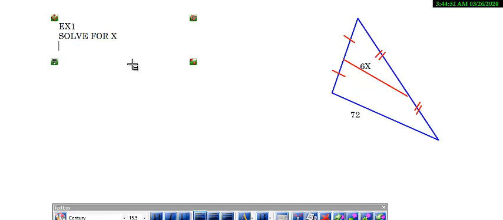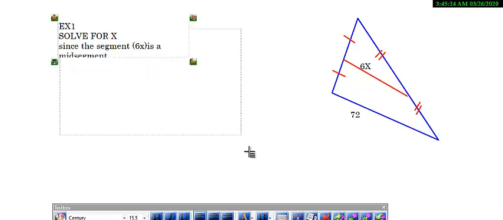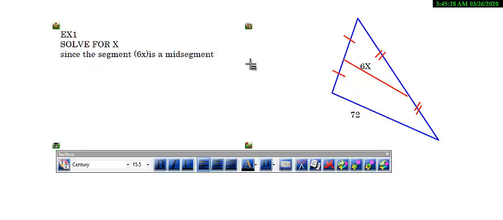Since the segment, which is 6x, is a mid-segment, then the conclusion will be that it is equal to 1 over 2, or half of, 72, which is the third side.